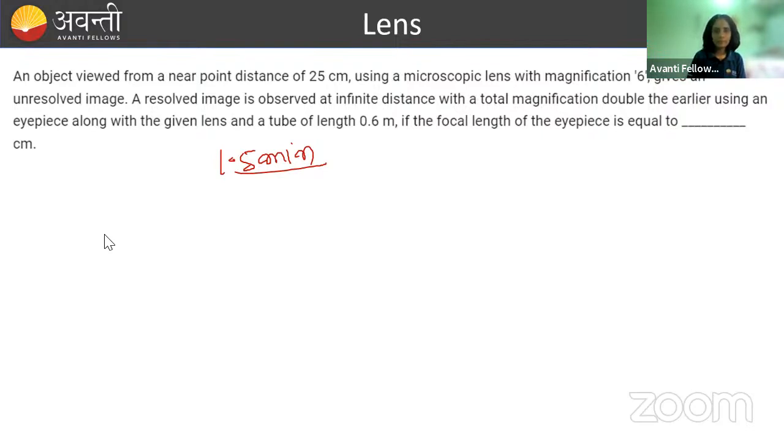I hope you all are solving it. Okay, so I hope you all must have gone through the process, or must have applied whatever you know about the compound microscope.